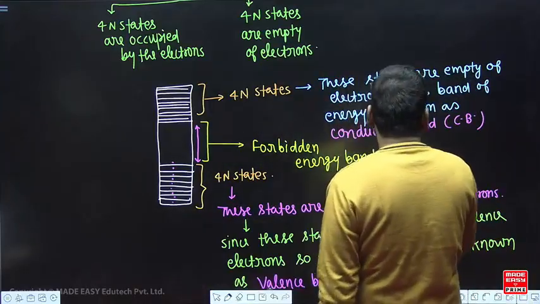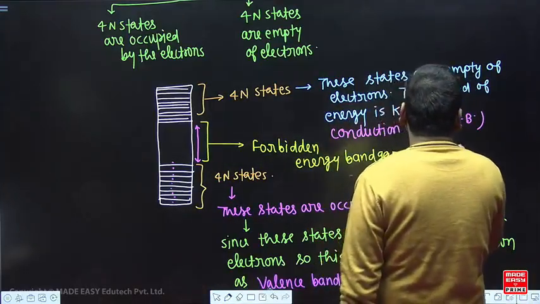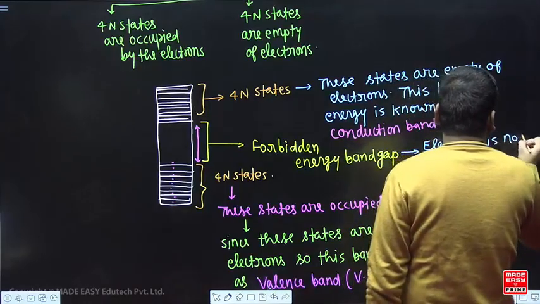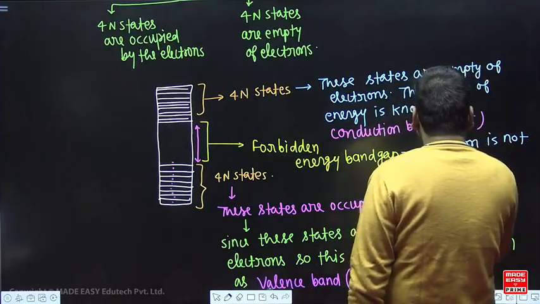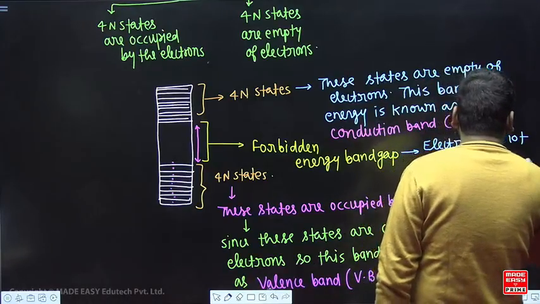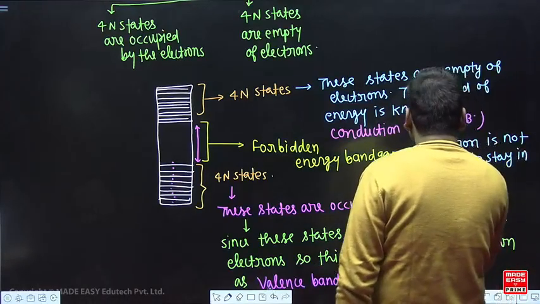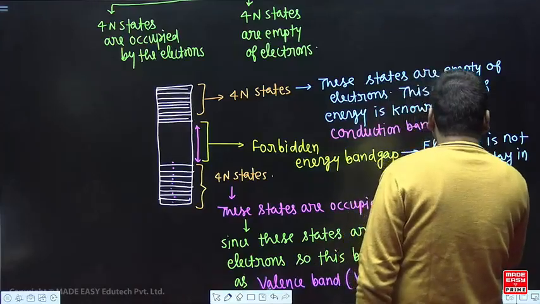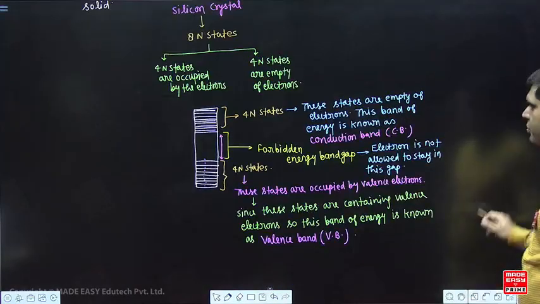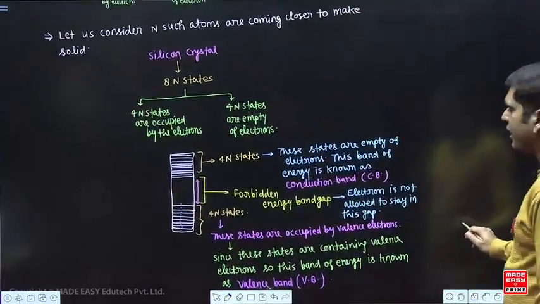Electron is not allowed to stay in this gap. It can be either in the valence band or in the conduction band, but it cannot be in the forbidden band gap.